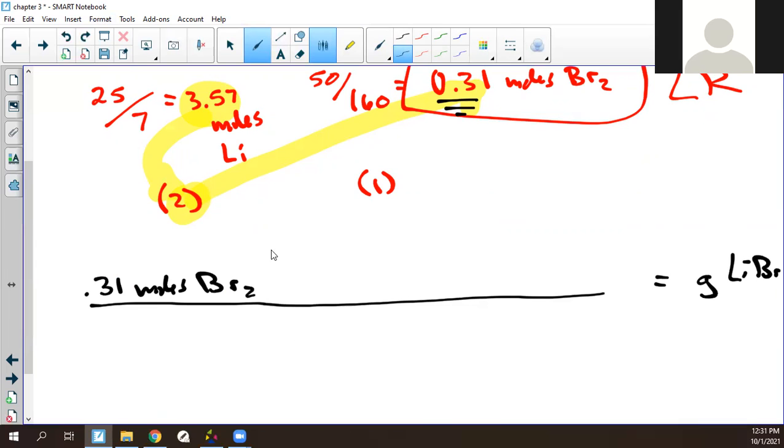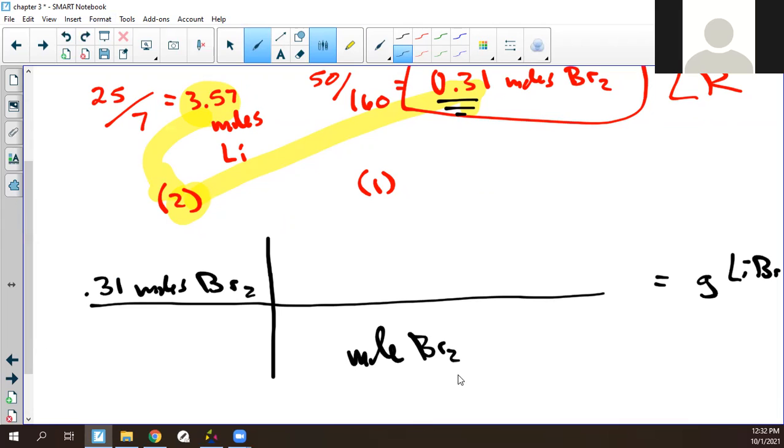Here we go. I'm going to put my line here. Everyone look right here. This was grams before. It's moles now, so I already did that part. If this is moles Br2, tell your partner what comes down here. Moles of Br2. Absolutely.